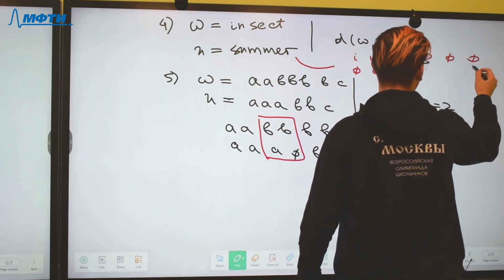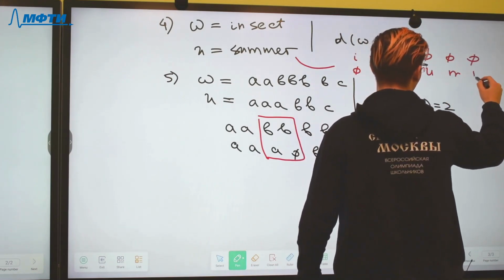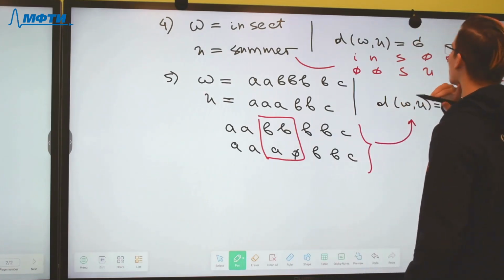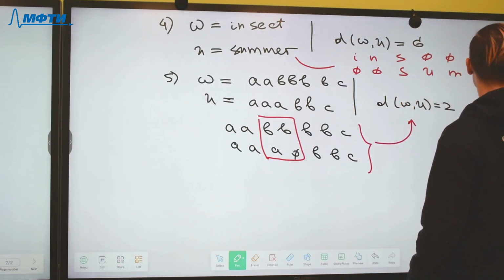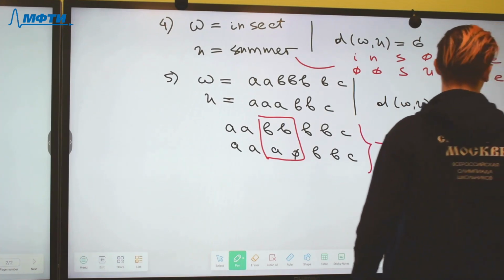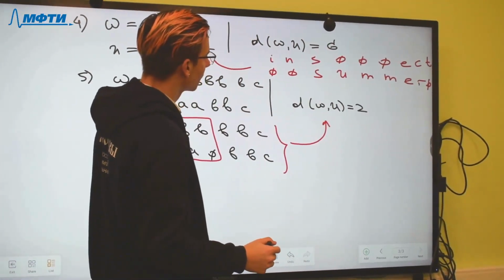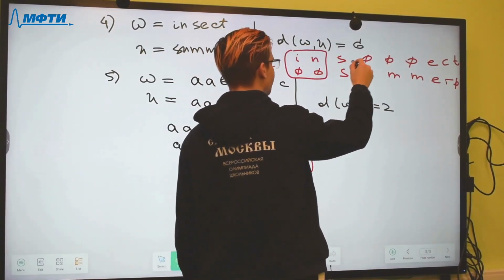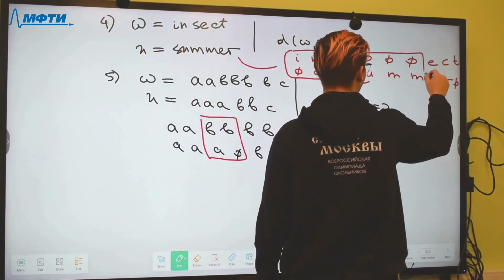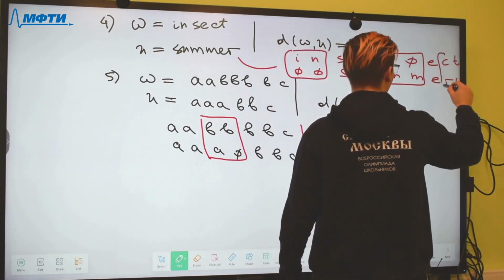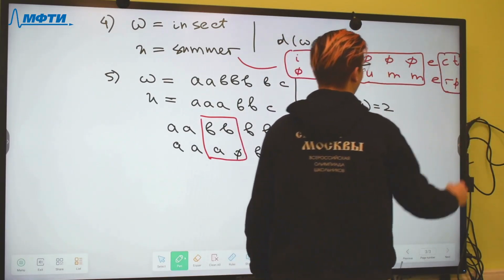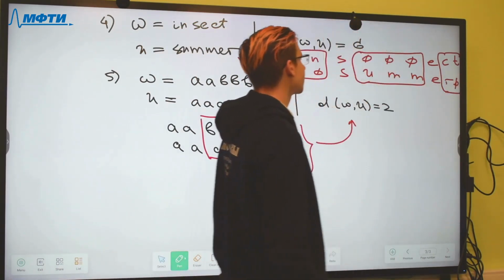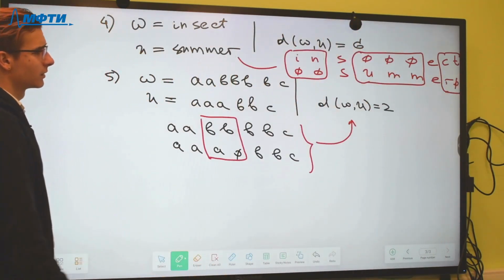E, E, R, and E and R. Yes, here we find more than 6 places where the difference is. 1, 2, 3, 4, 5, 6, 7. 7 places where the difference is, so it's not good.